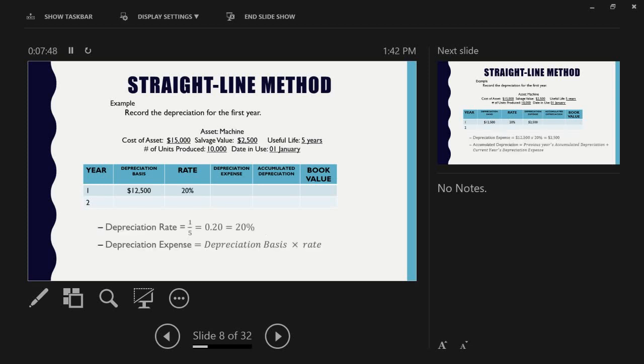Do you have to leave these in percentage, or can you leave them in decimal? You can leave it in decimal, because when you calculate it, you're going to calculate using a decimal, not a percentage. But for looks, percentage is fine. Okay, good.